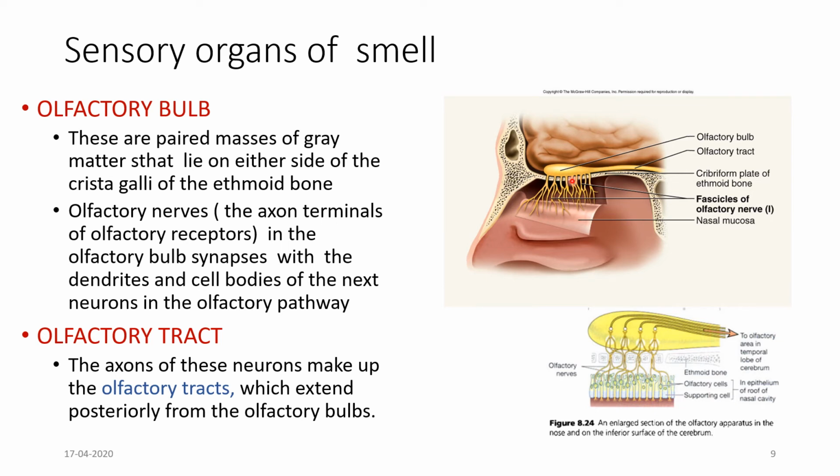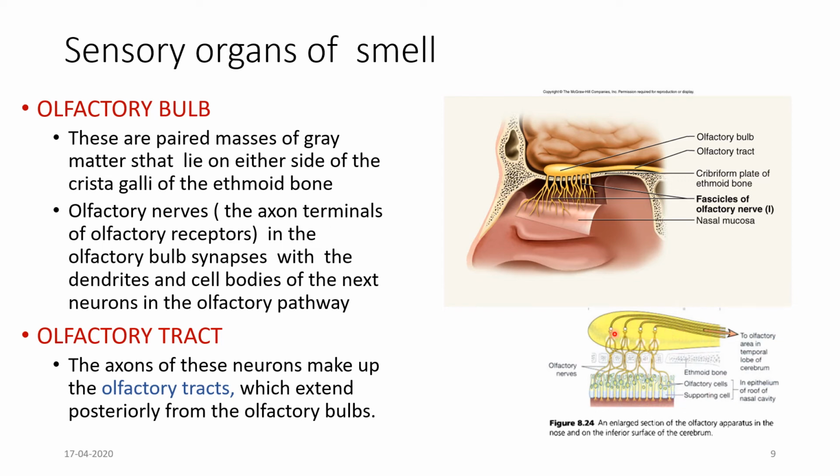The olfactory nerves, which are the axon terminals of olfactory receptors in the olfactory epithelium in the roof of the nasal cavity, are going towards the olfactory bulb to synapse with the dendrites and cell bodies of the next order neurons in the olfactory pathway.